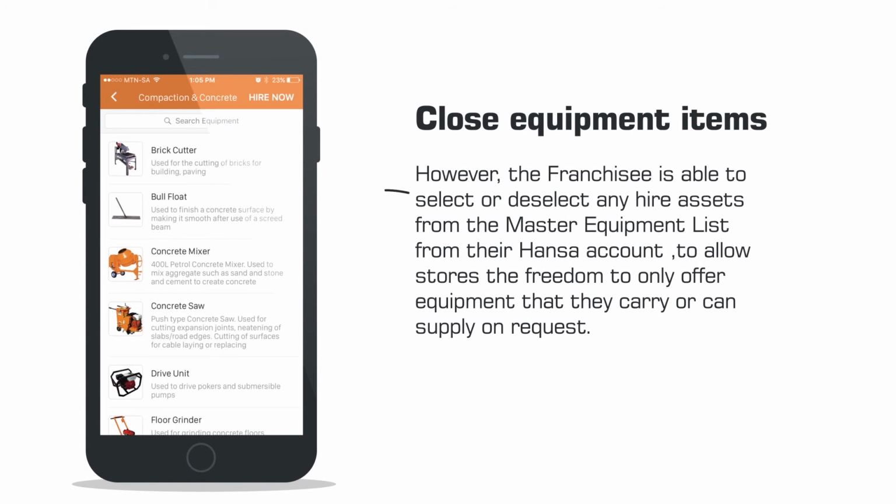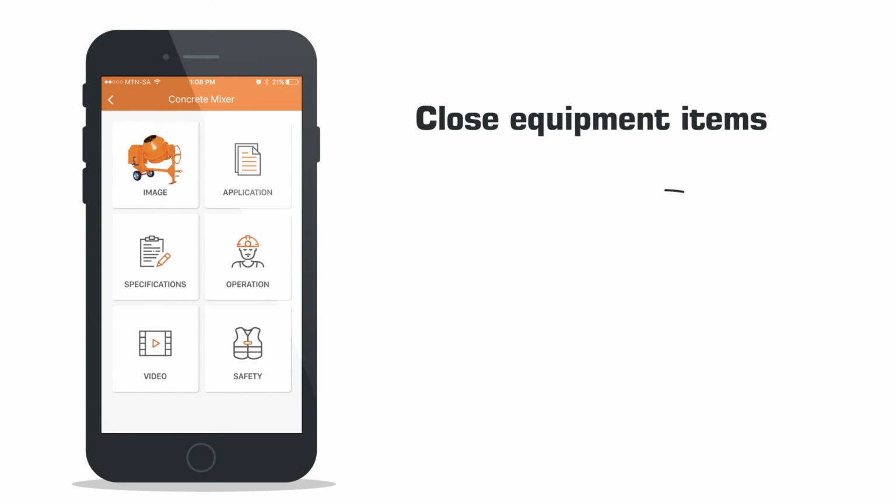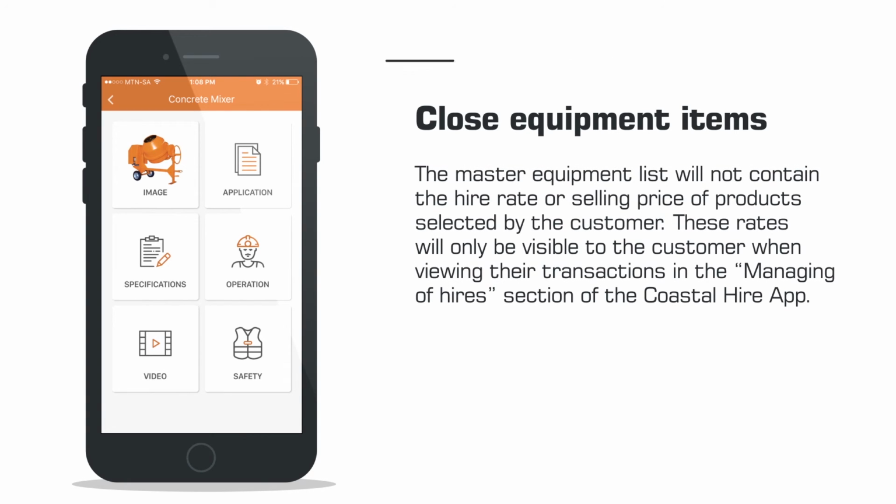However, the franchisee is able to select or deselect any hire assets from the master equipment list from their Hansa account to allow stores the freedom to only offer equipment that they carry or can supply on request. The master equipment list will not contain the hire rate or selling price of products selected by the customer. These rates will only be visible to the customer when viewing their transactions in the Managing of Hires section of the Coastal Hire app.